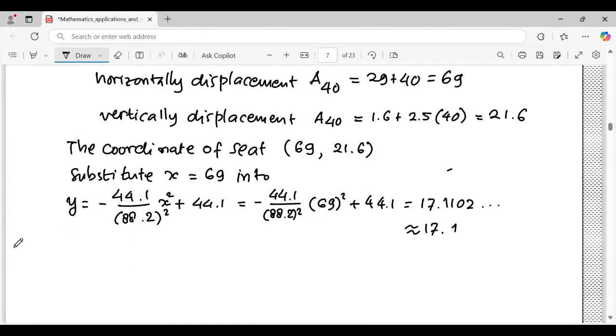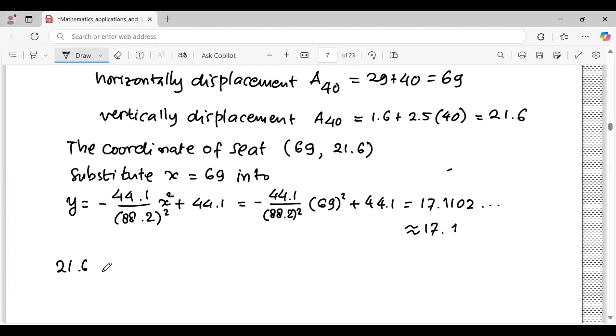Now evaluate the previous result, that the maximum height of A40, the vertical displacement, is 21.6. So I'm going to write here 21.6. This is the maximum height of A40.